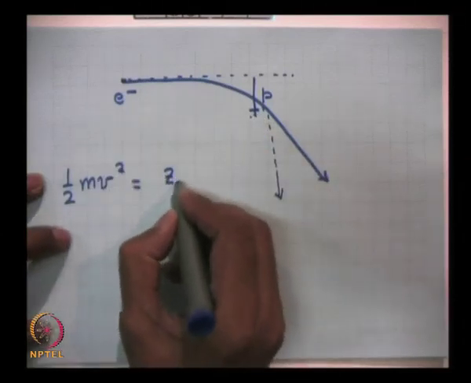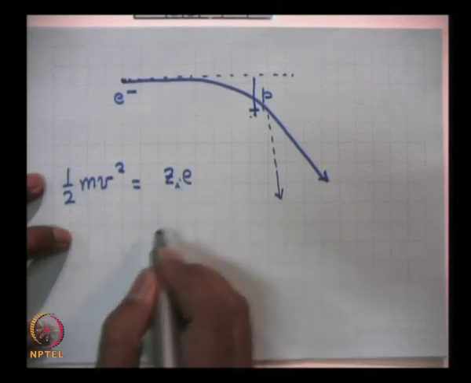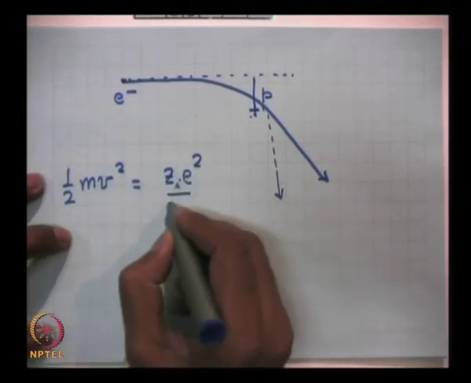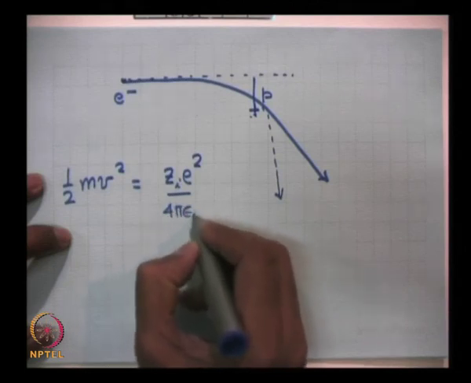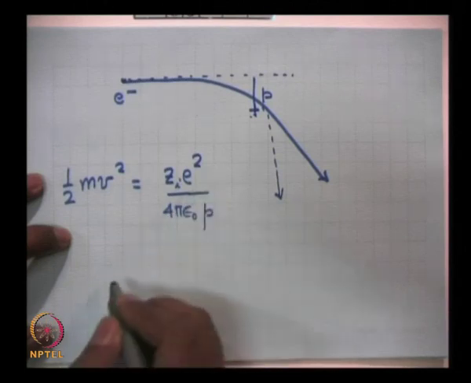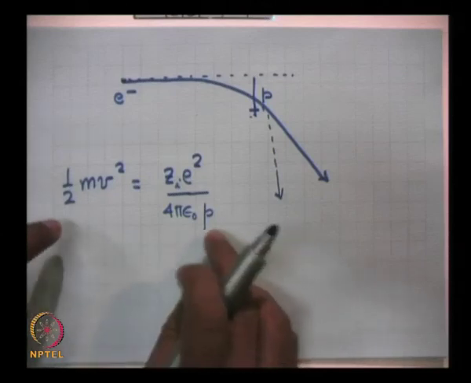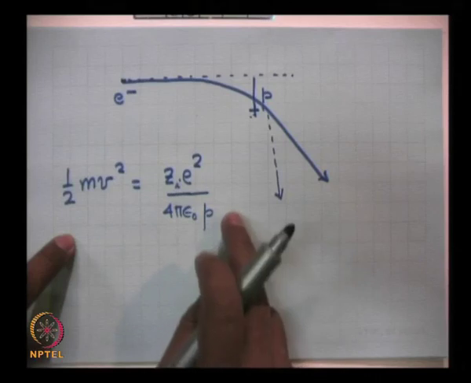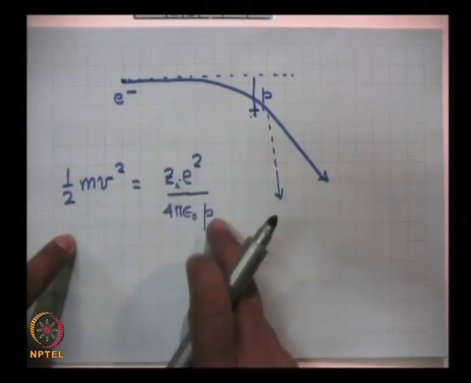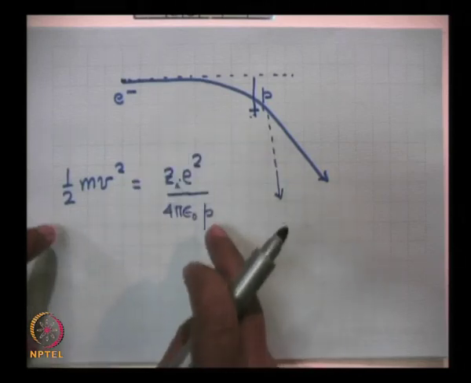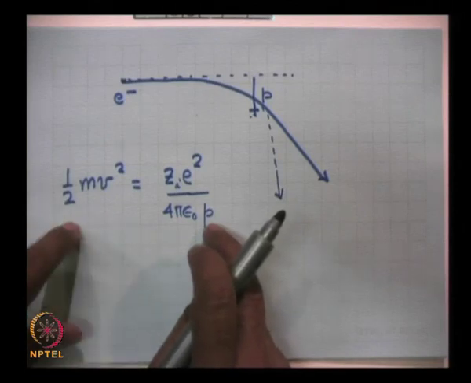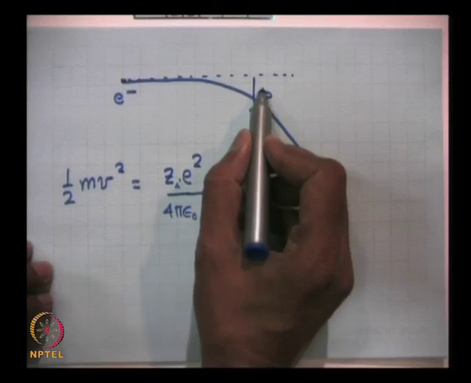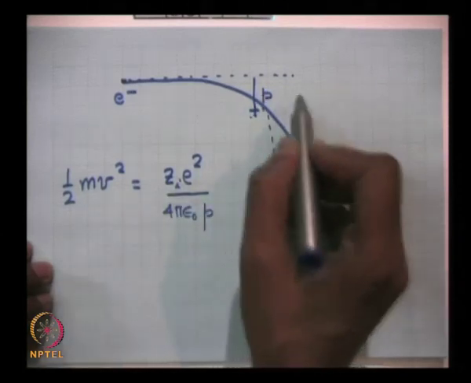If the ion charge is Zi into e, electron charge is small e, then this quantity divided by 4 pi epsilon 0 into p is the potential energy. So, if I equate the kinetic energy of the electron to the potential energy at the impact parameter p, then the p that you get from here is the one for which the electron suffers a 90-degree collision.